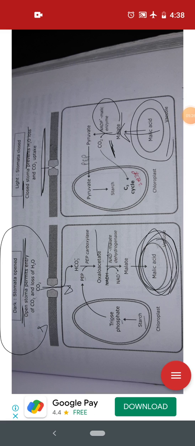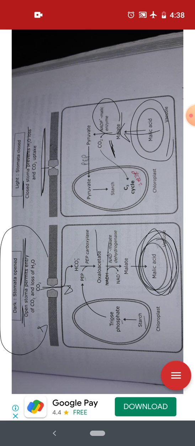Let's discuss the differences between C3 plants, C4 plants and CAM plants. In the last lectures we discussed C4 plants and C3 plants. There are some differences between the C3, C4 and CAM plants.